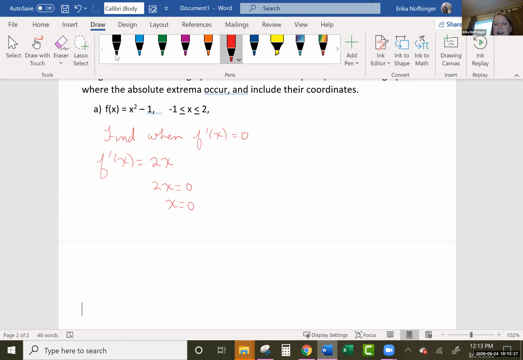And we need to figure out what is happening at our end values and at this number x equals 0. You always want to plug in the end values of your interval when you're looking for absolute max and mins. So if we plug in -1, and you're plugging this back into the original function.